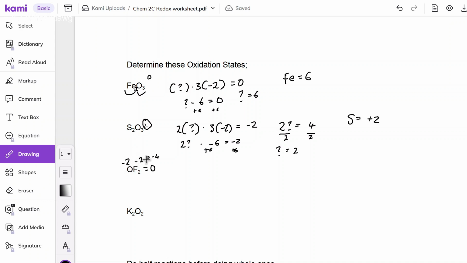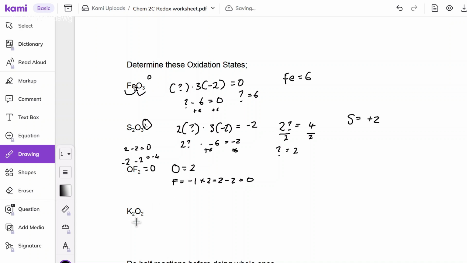So the oxygen has to give way for the charge to equal 0. So the oxygen over here has to be +2, for -2 plus 2 to be 0. And that's why the oxygen charge here is +2. And then the fluorine charge here remains -1, but there are two fluorines, which is why -2 plus 2 is equal to 0.